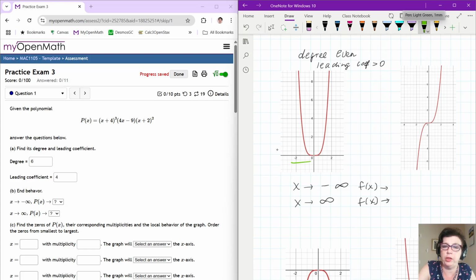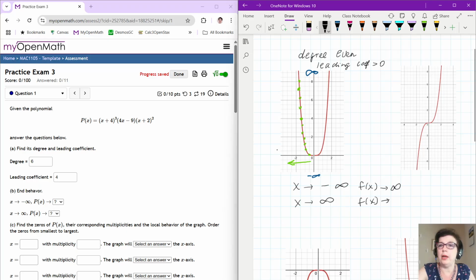So you are going this way, forever, without bound. At the same time on the graph, as your x values go to negative infinity, what is happening with the y values? So you can see that they are going up towards positive infinity, because positive infinity is on the top. Like this is positive infinity here, this is negative infinity. So that means that this is going to go to positive infinity.